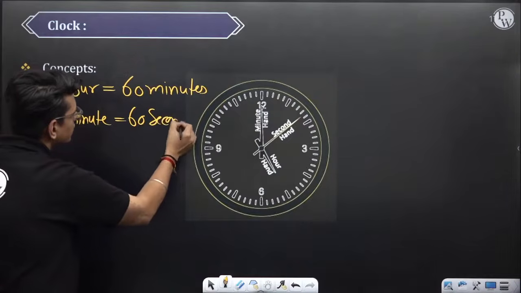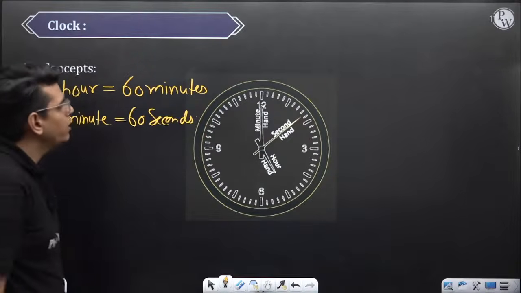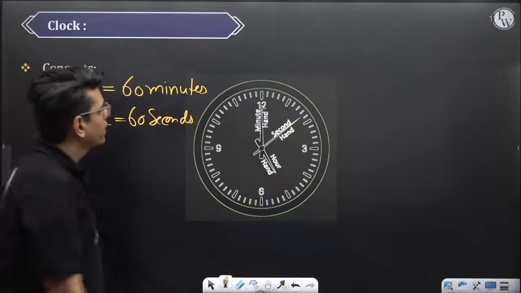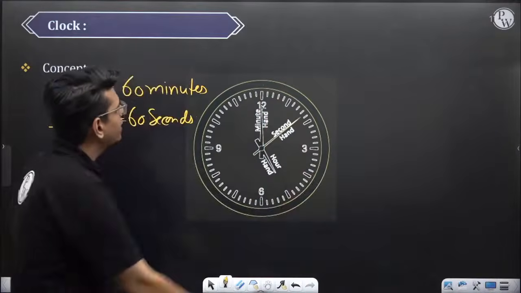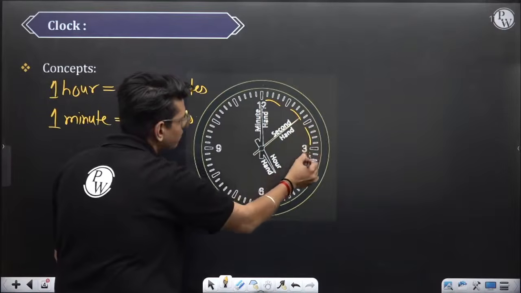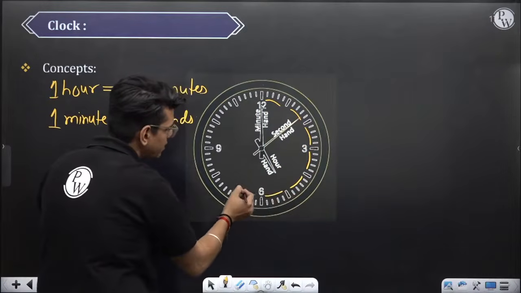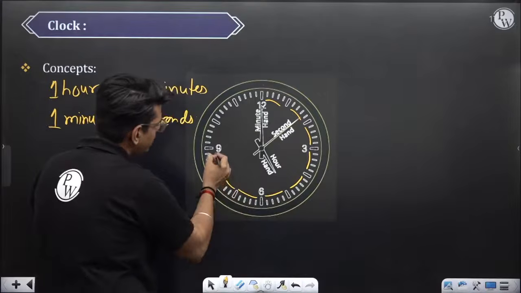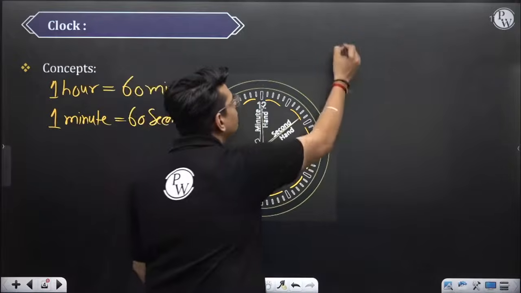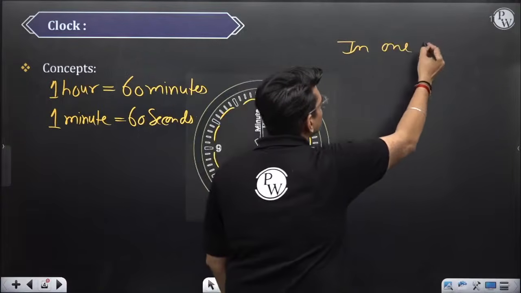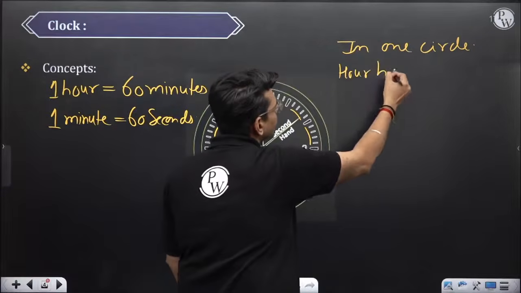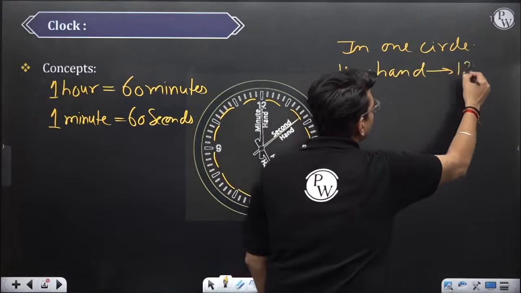This is the first conversion. Now, if you look at it, this whole circle is divided into equal spaces. For hours, it is divided into 1 space, 2 space, 3, 4, 5, 6, 7, 8, 9, 10, 11 and 12. In one circle, the hour hand covers 12 hours.